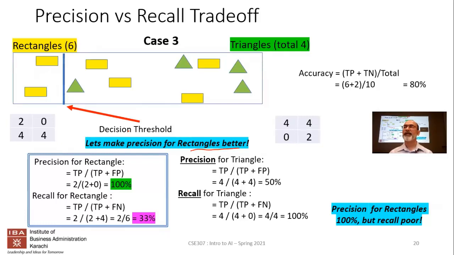To make the precision for rectangles better, we move the decision threshold towards the rectangles. And so there are only 2 cases left over here. What it's basically saying is that the positive cases only have the rectangles, and so the precision over there is 100%. However, the recall comes out to be really bad, because now we're leaving out a lot of the actual rectangles on the other side.